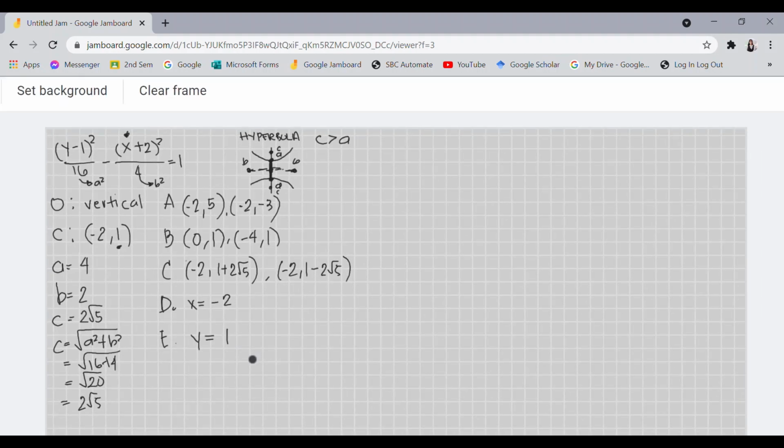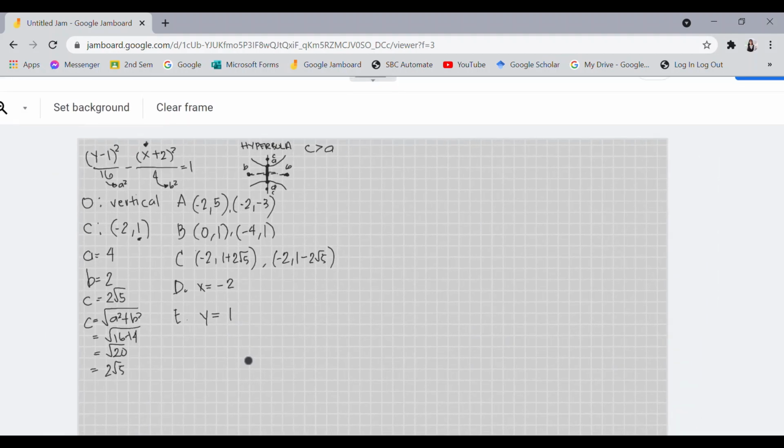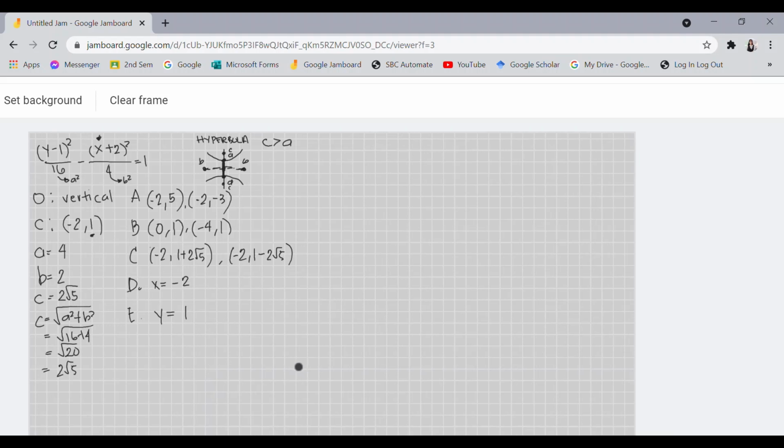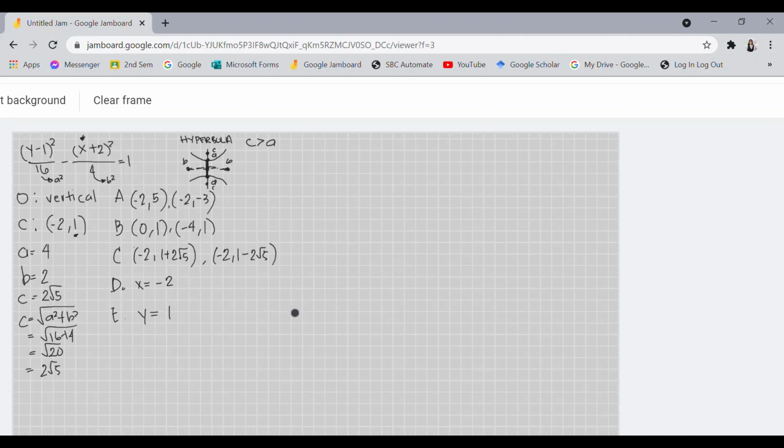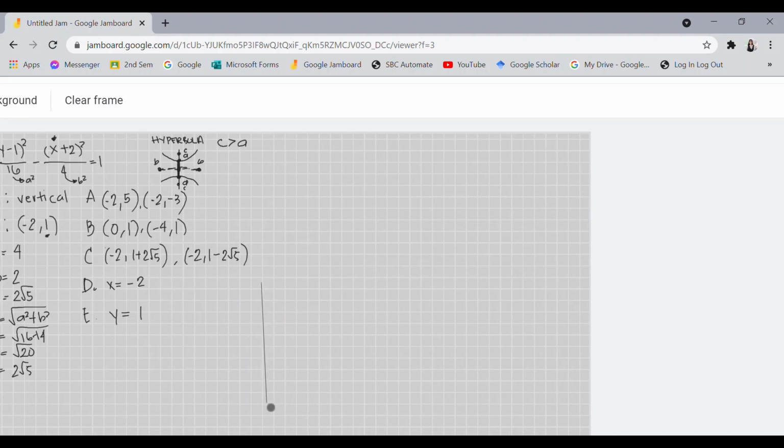If we try drawing this hyperbola, okay, pag tinry po natin siya i-drawing, let's say we have, drawing natin siya dito sa side na to. Okay. So, let's say we have this Cartesian plane. Okay, so the center is at -2, 1.